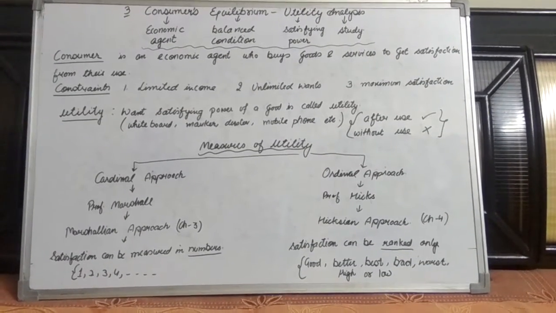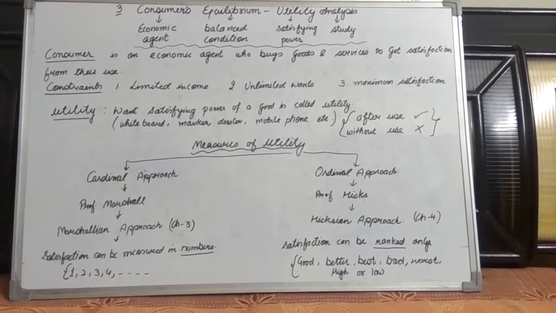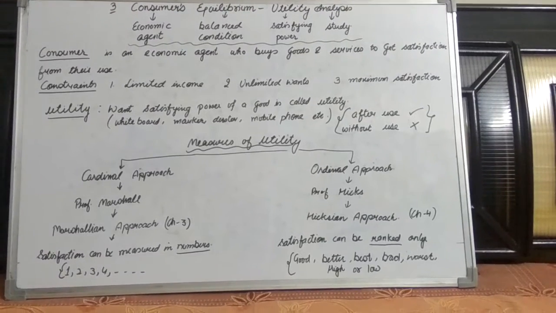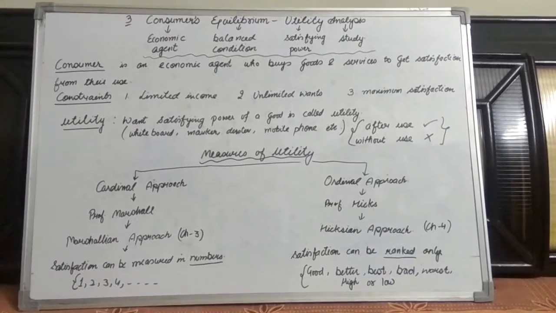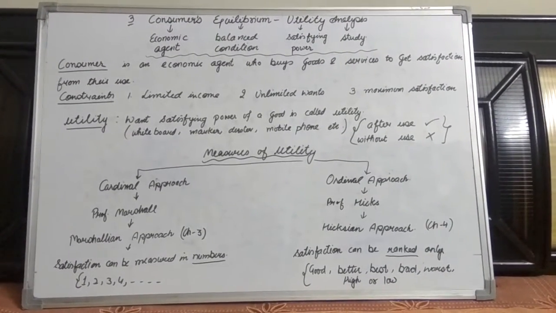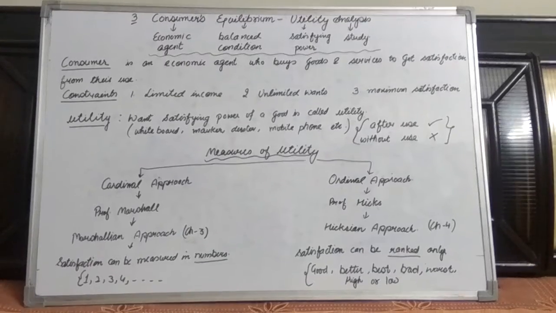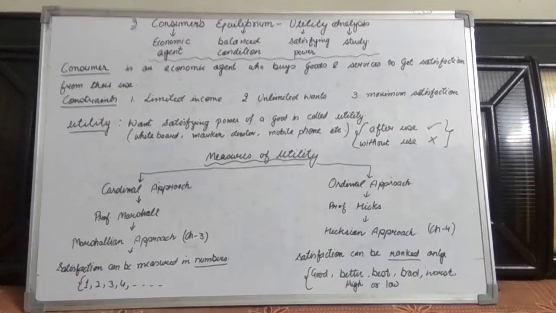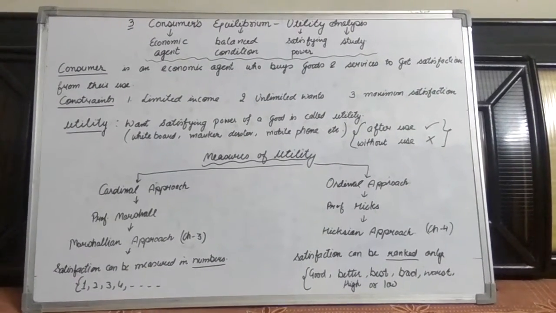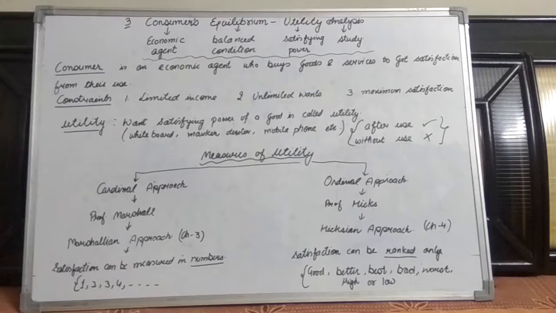Consumer is one who buys goods and services to get satisfaction from their use. So here we are talking about the consumer as an agent who is using the goods, who is buying the good and getting satisfaction out of that.